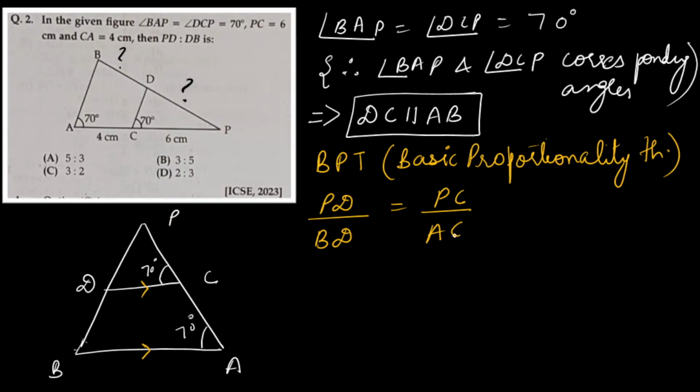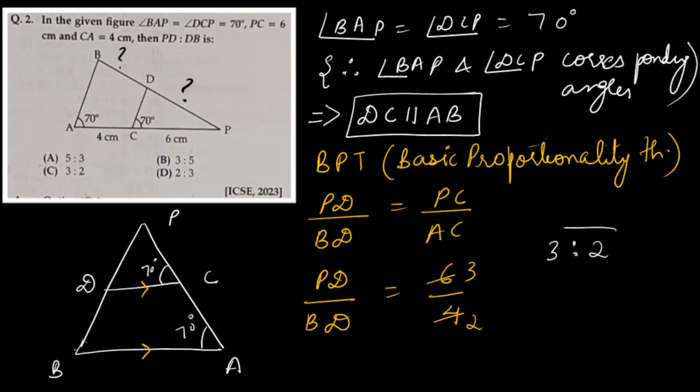PC and AC's values are given to us. So PD by BD is equal to PC's value 6 and AC's value 4. We can cancel by 2: 2 into 3, 2 into 2. Which means it is 3 is to 2. So PD is to BD is equal to 3 is to 2.